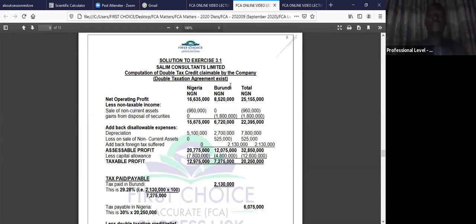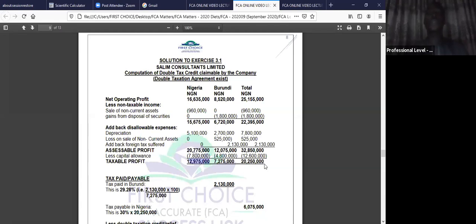Now, as I told you, this total belongs to Nigeria. When looking for Nigerian tax, you do not look at just this. You look at the worldwide. So, in case you are having like 2 or 3 countries, when you merge all of them together, you get the Nigerian total tax.